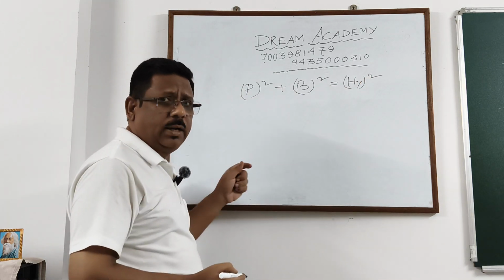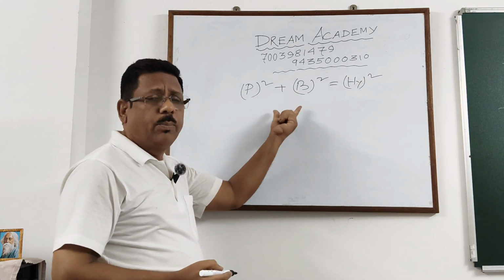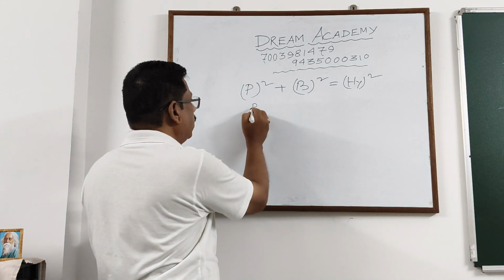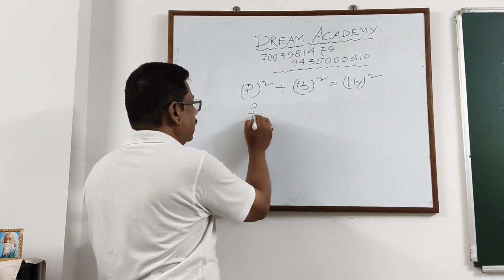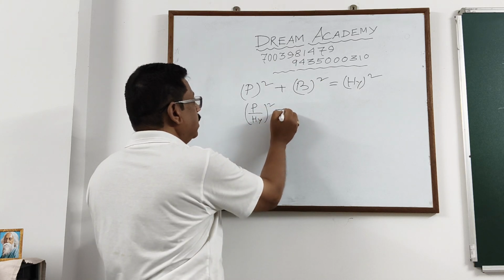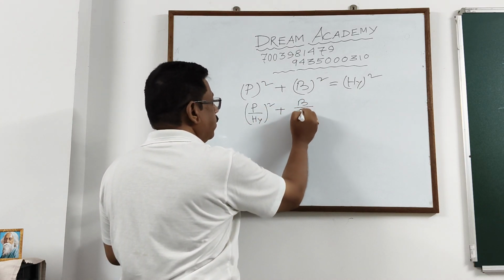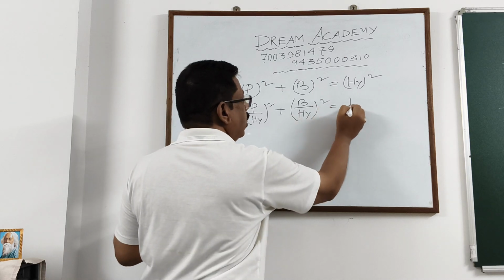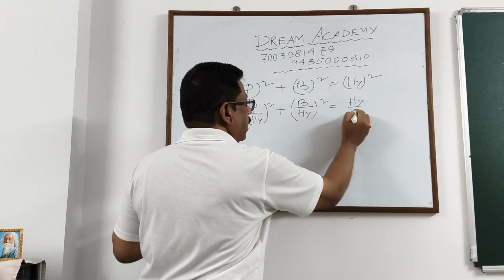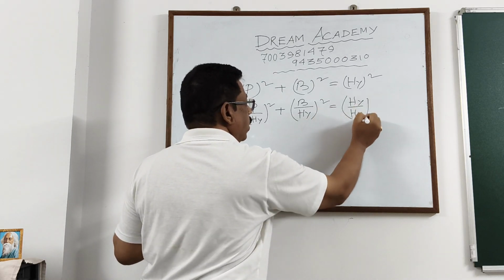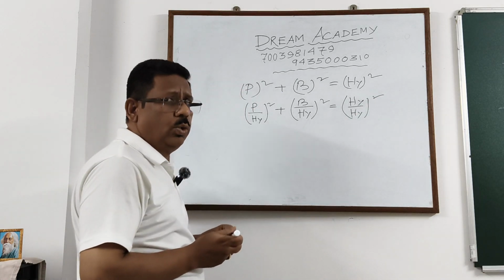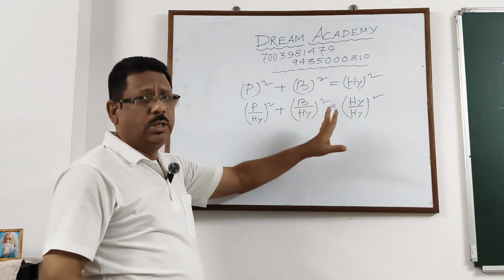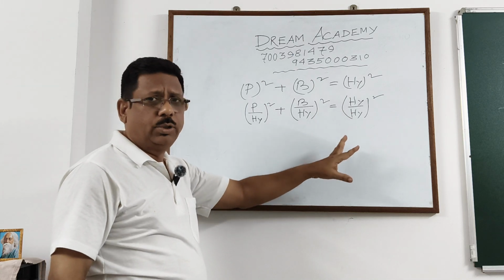Now we divide this equation by hypotenuse square. What are we doing? Perpendicular by hypotenuse, the whole square, plus base by hypotenuse, whole square, equals hypotenuse by hypotenuse, the whole square. We divide the equation only by hypotenuse.